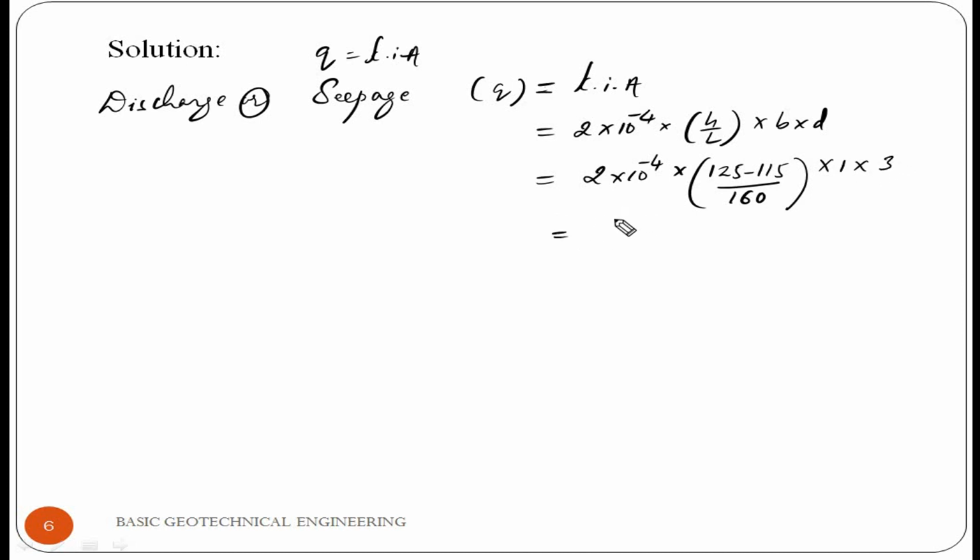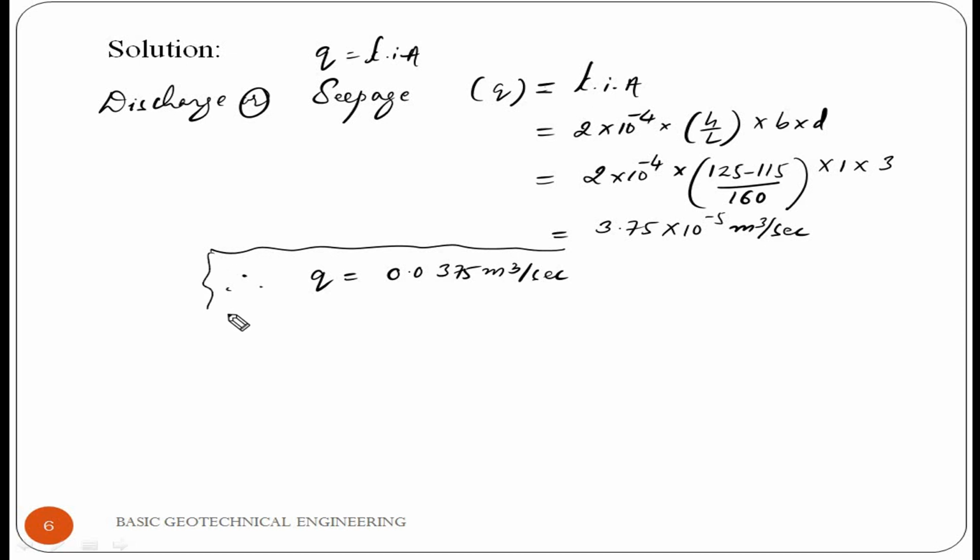If you calculate this, it comes around 3.75 into 10 to the power of minus 5 meter cube per second. Therefore Q is equal to 0.0375 meter cube per second. This is per kilometer length of canal.